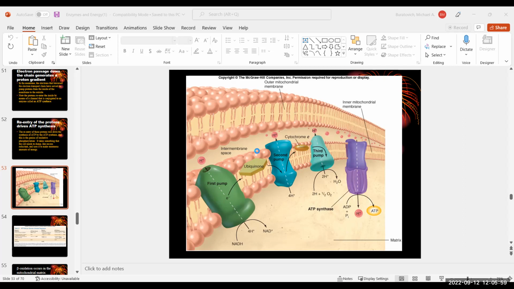You link the UTP to the sugar and make the UDP sugar: UDP glucose, UDP fructose, UDP galactose, whatever. You use those to link the sugars together, and the polysaccharide synthase will have a binding site for the UDP. By activating the sugar, you prevent the sugar from leaving the cell.